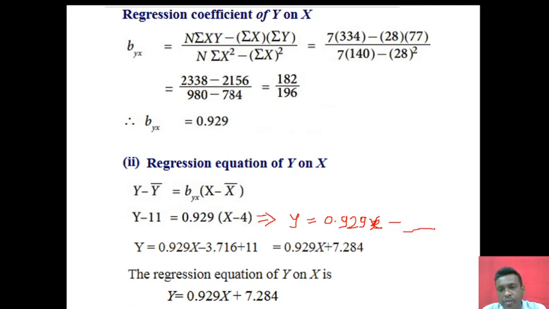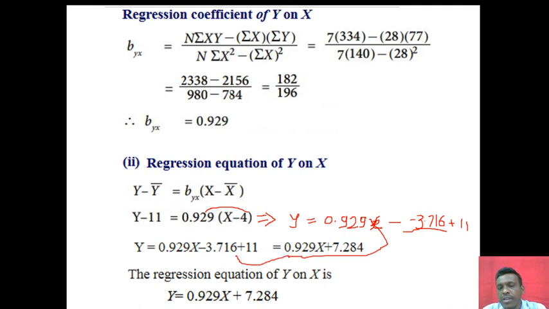I do not have a calculator right now. 4 into 0.929, and minus 11 becomes plus 11. I have written it down, in fact minus 3.716. This is what you will get. This is nothing but what I have written down here.